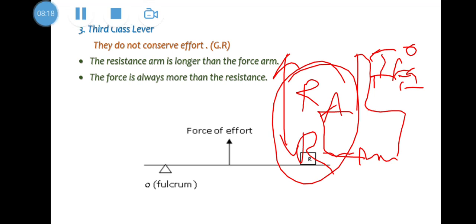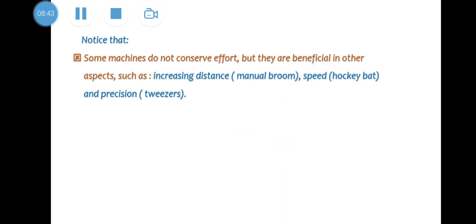Okay, so the second class lever is always conserving effort, and also sometimes the first class lever conserves effort, when the force arm is longer than the resistance arm, so the effort force is less than the resistance force.